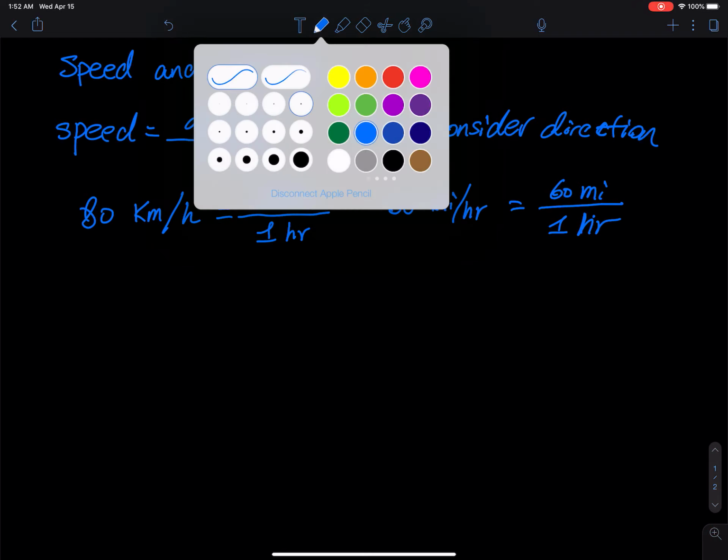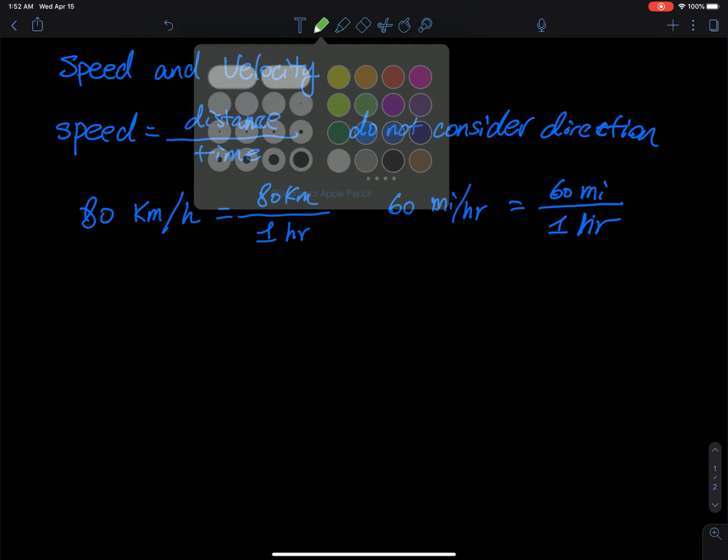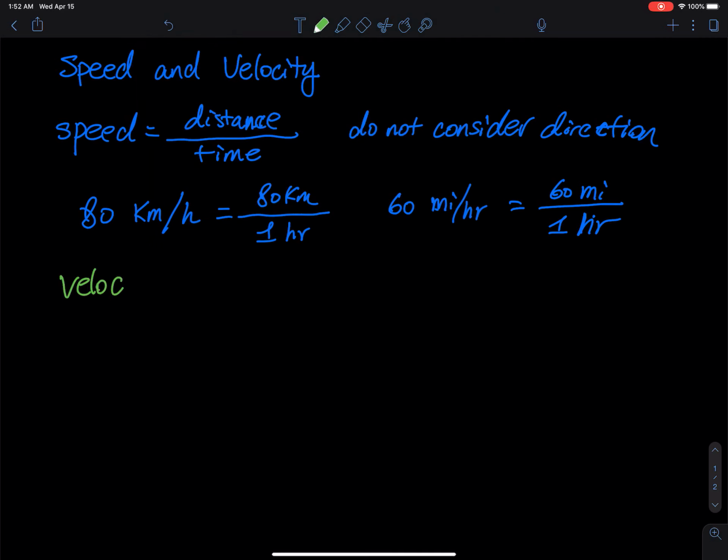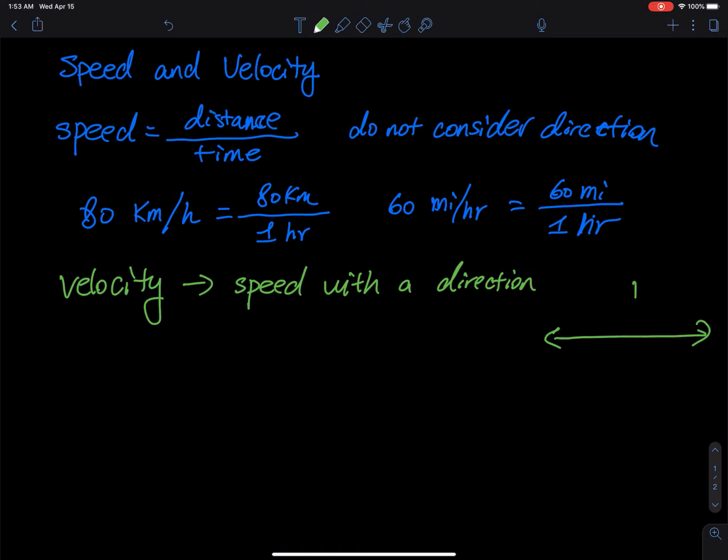What about velocity? Let's use some other color for velocity. So for velocity, that is not the same as speed. Velocity, basically speaking, is speed with a direction. What is a direction? This is how we draw a direction.